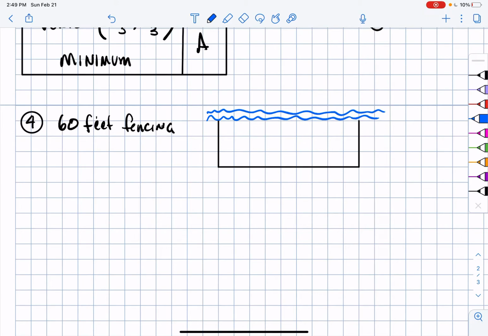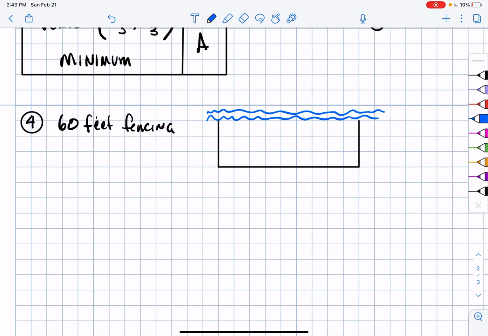So what's in black right now is my fence. And it says if I don't fence the side with the river, find the length and the width of the plot that will maximize area.